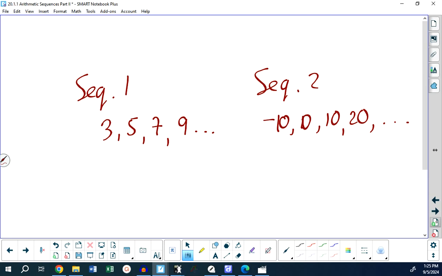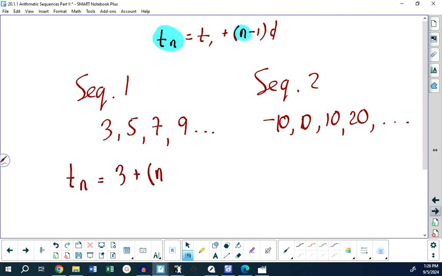Now, I've just told you, and it's in your notes, that we have this new formula that relates, well, I didn't say it this way, but I'm going to now, that relates these variables. That if you know which term you're after, say n equals 10, you can use the formula to find the 10th term. Here, Tn will be equal to 3 plus n minus 1 times 2.